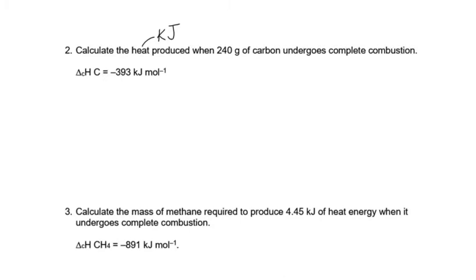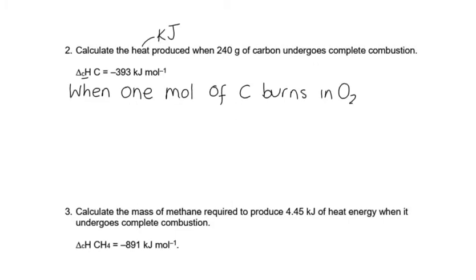So let's just have a look at this number. We've got a value here. It says when I combust, that's what the c says. This little bit of maths says lots to a chemist. It says that when 1 mole of carbon burns in oxygen, the minus tells me that the energy was given out, released.